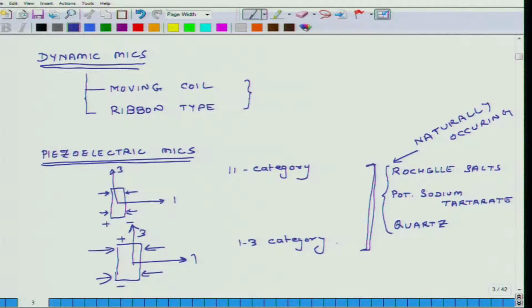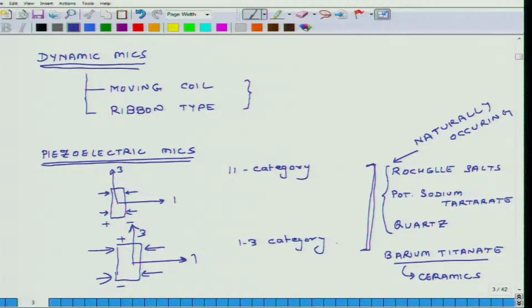But then there are certain materials which you can synthesize, and they are ceramic in nature. One example is barium titanate. These are ceramics, and there are several ceramics which exhibit this behavior.